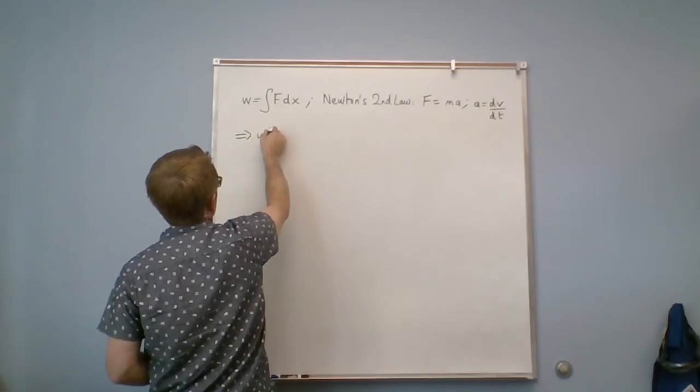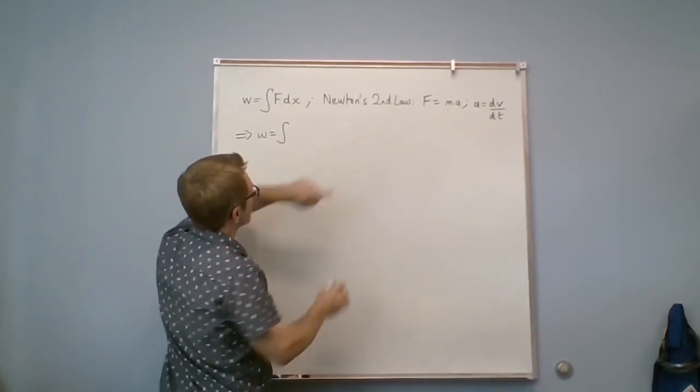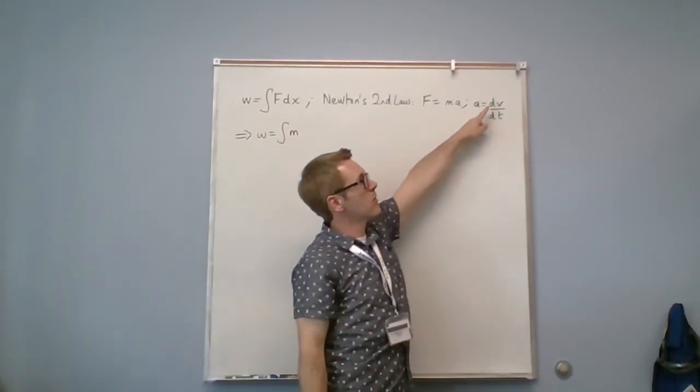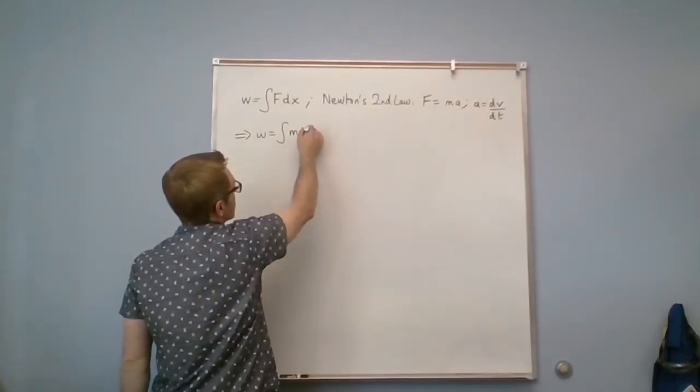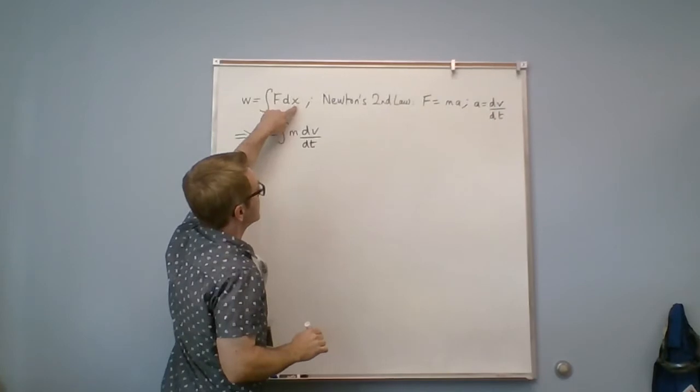So we've got work is the sum of the force, but the force is mass times acceleration, and acceleration is dv by dt. And then finally I have a dx.